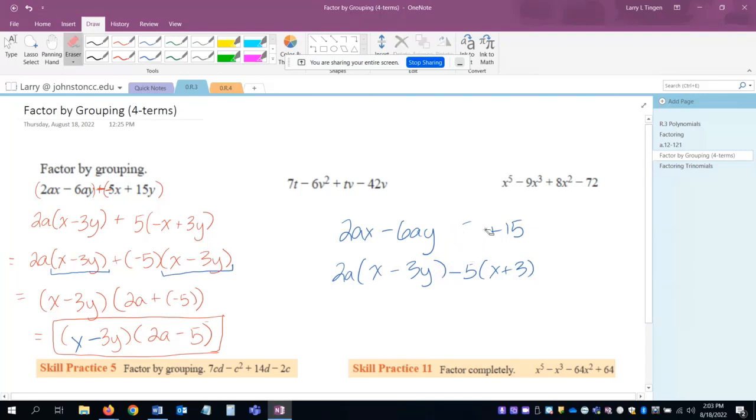So by always pinning the sign to the third term, plus negative 5x. Now, when I go to pull out a common factor, this is negative 5x.